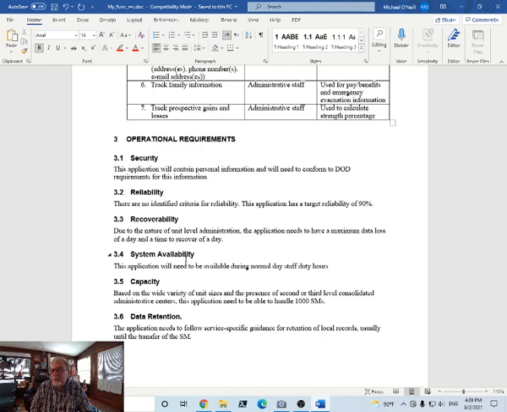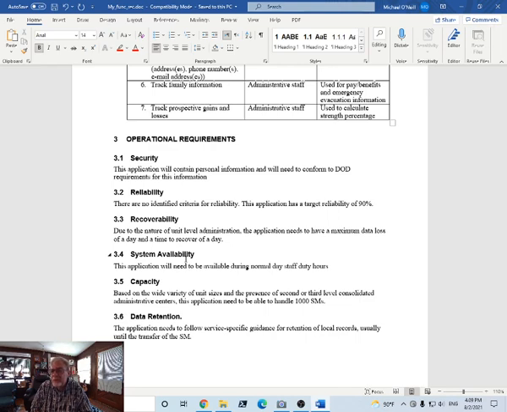Okay, recoverability. I'm saying that it needs to be down for less than a day when it's down, and needs to get back up within about another day. That's just my estimate. We might refine that as we continue to refine this requirements document.